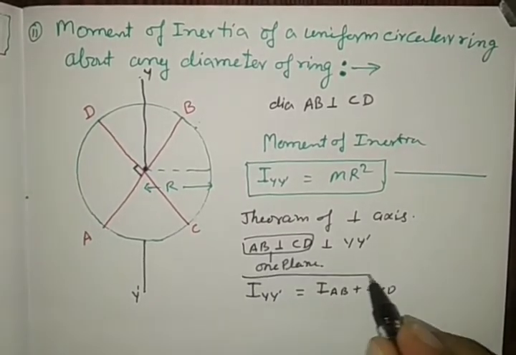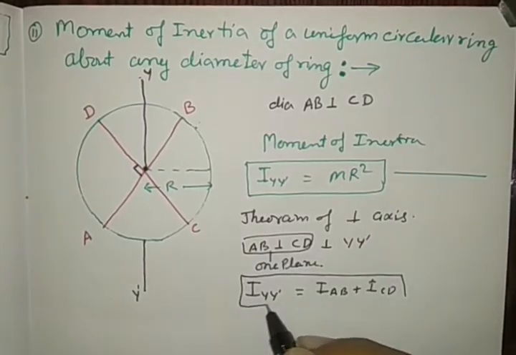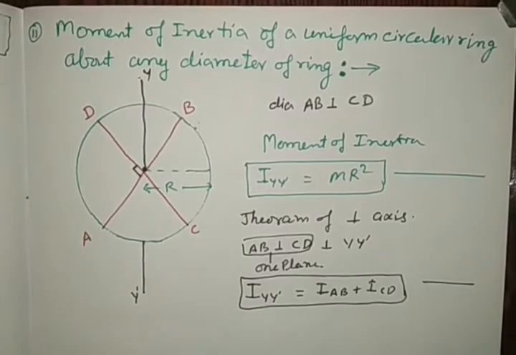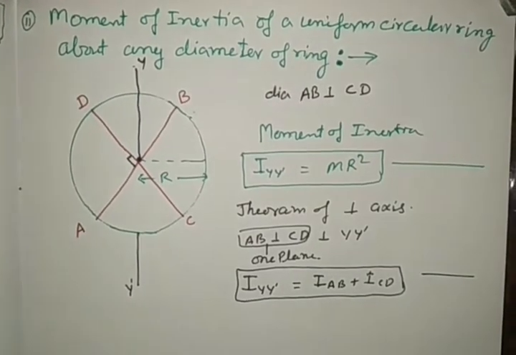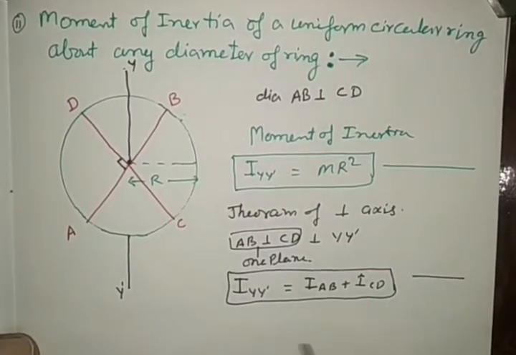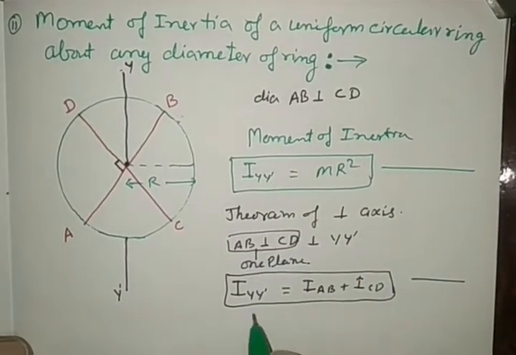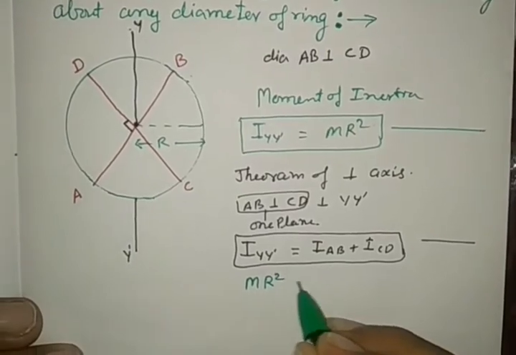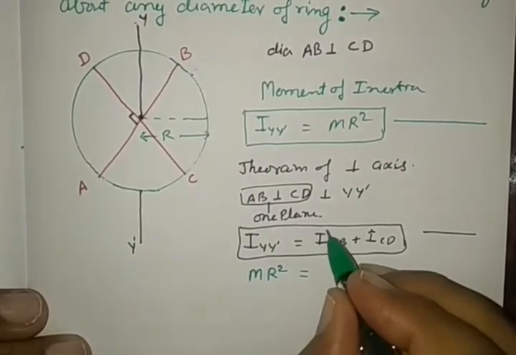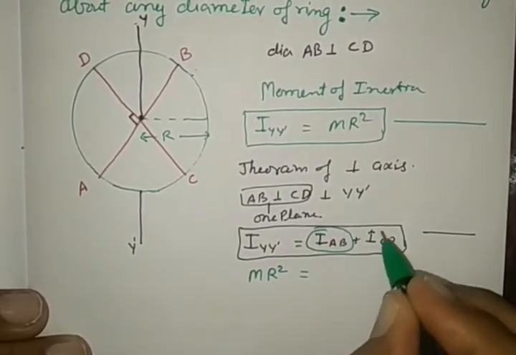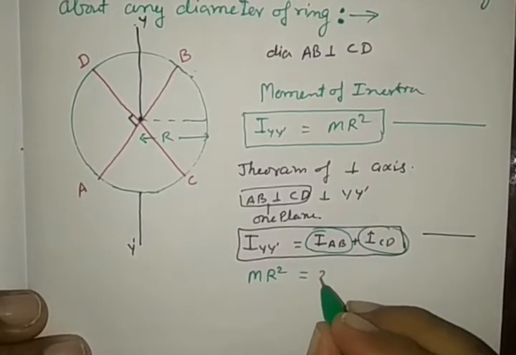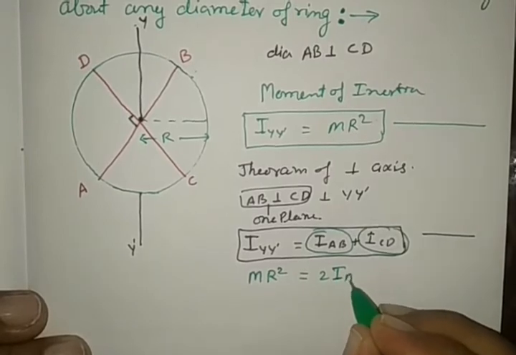Remember this formula. We are going to use the same formula here. This is the next equation. When we rejoin both, Iyy is mr square. Since these two are equal, we may write it as twice IAB.